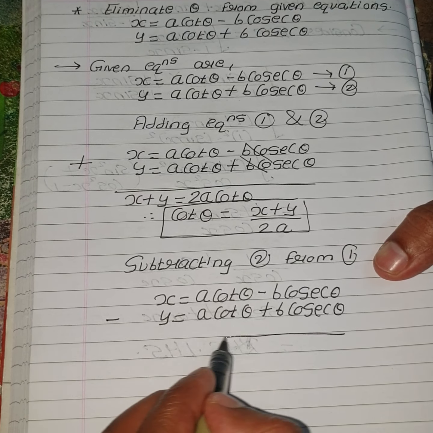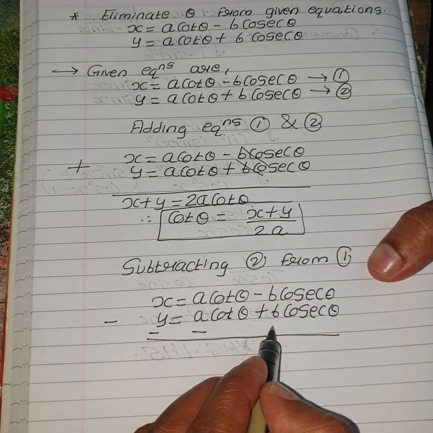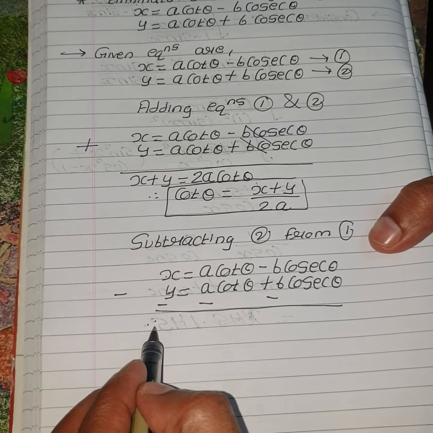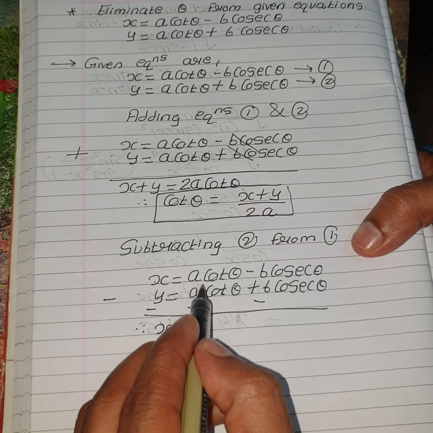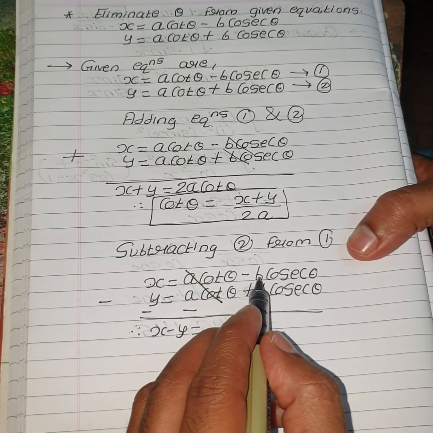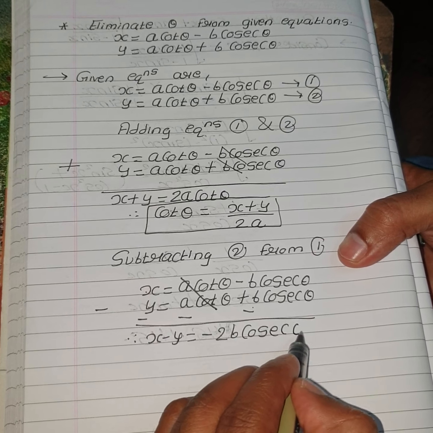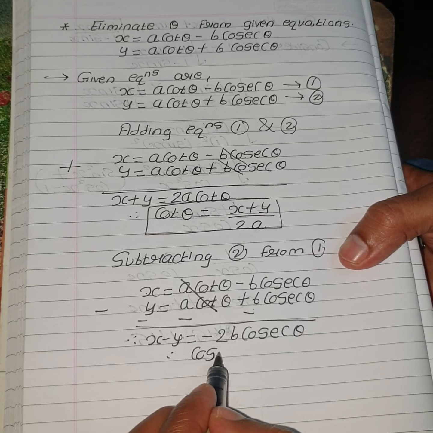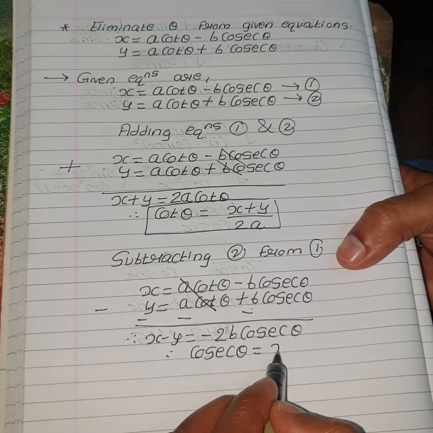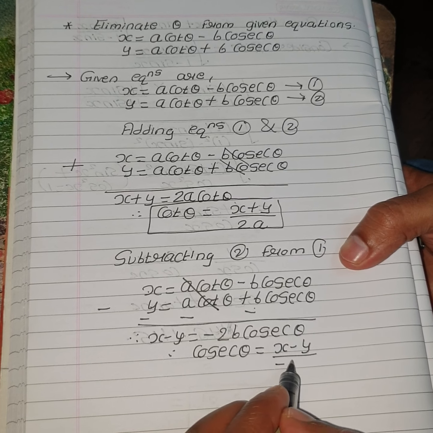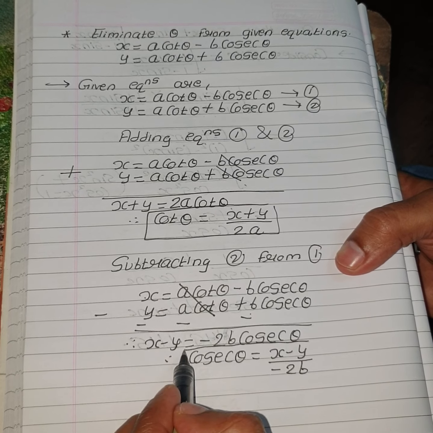Since we are subtracting, we will change the sign, minus minus minus, x minus y, a cot theta minus a cot theta will get cancelled, minus b minus b is minus 2b cosec theta. Therefore cosec theta is equal to x minus y upon minus 2b.